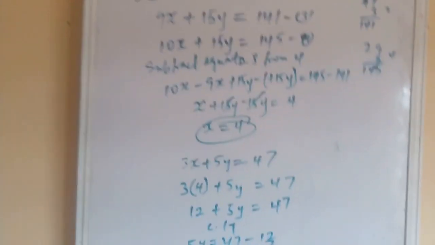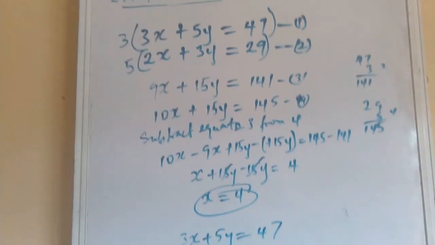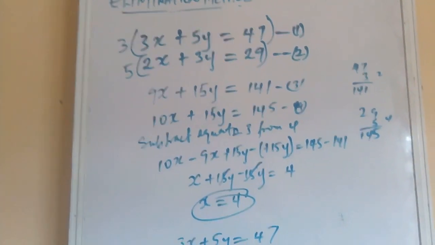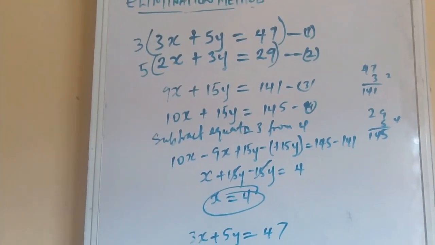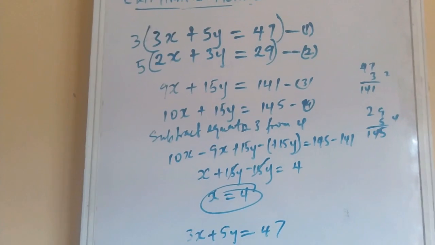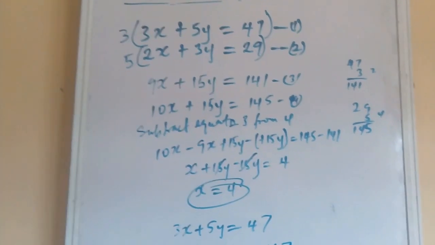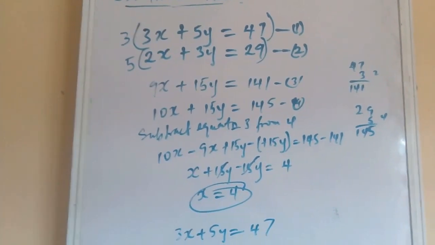So as I've said, firstly, check the coefficients of the variables you want to solve. By elimination, if the coefficients are not equal, you need to balance them. Choose one of the variables and balance your coefficient. If the coefficient is already balanced, then you just go ahead and subtract.